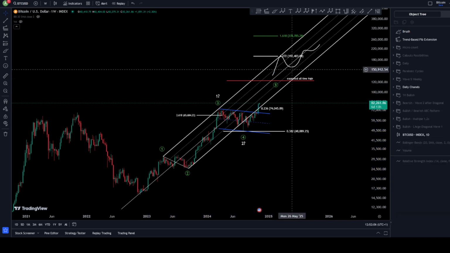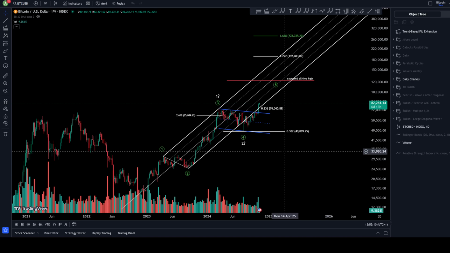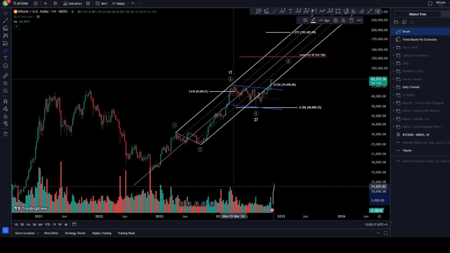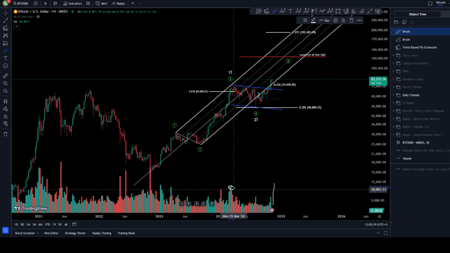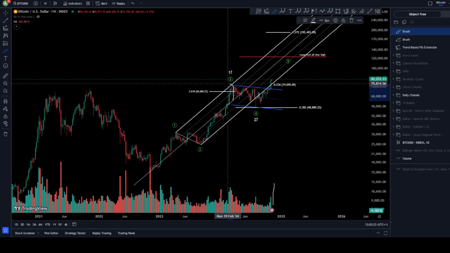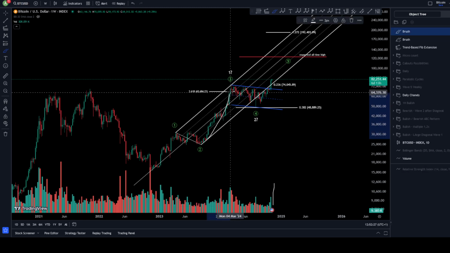Your indication or confirmation for this is that you get a higher volume on the weekly, higher than the wave 3 volume that we see here. As you can see, this candle is related to your wave 3 top here, and it tells you that this was your wave 3.